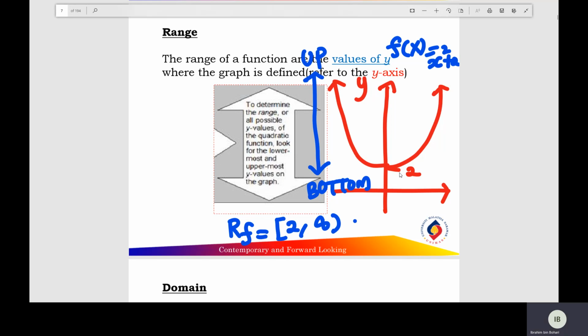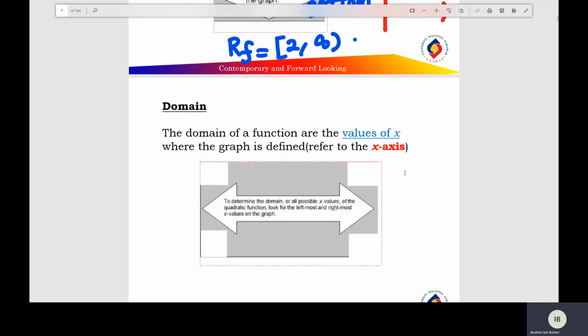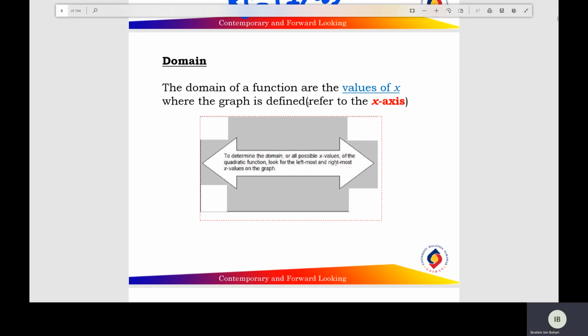And second, you find the domain of the function. The domain of a function is the values of x where the graph is defined or exists, and you can refer to the x value. Here is an example of the domain.